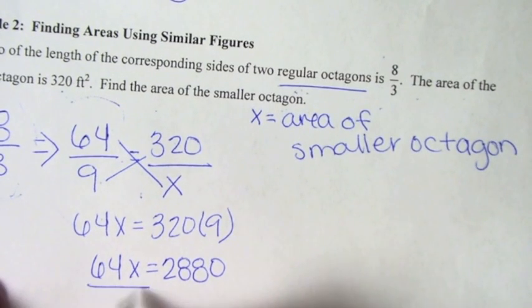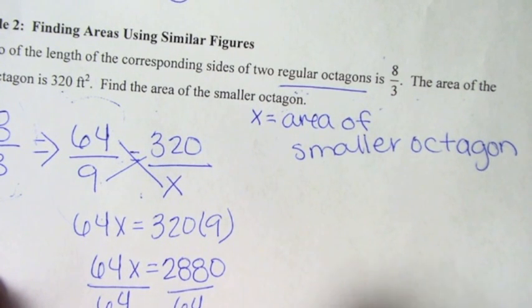Okay, divide by 64. X is then going to equal 45 square feet. That is the area of the smaller octagon.